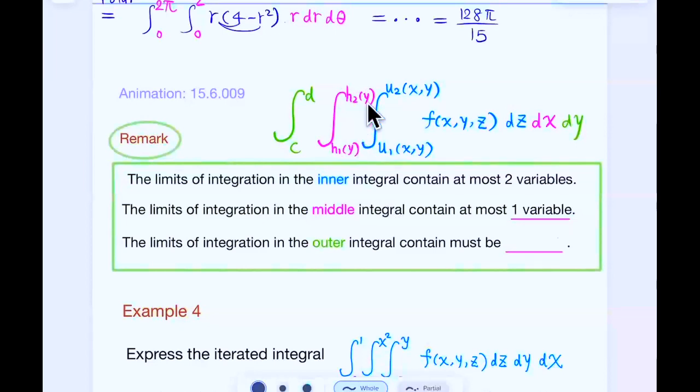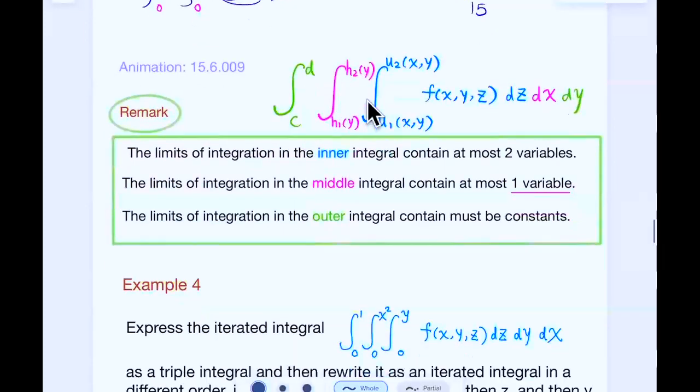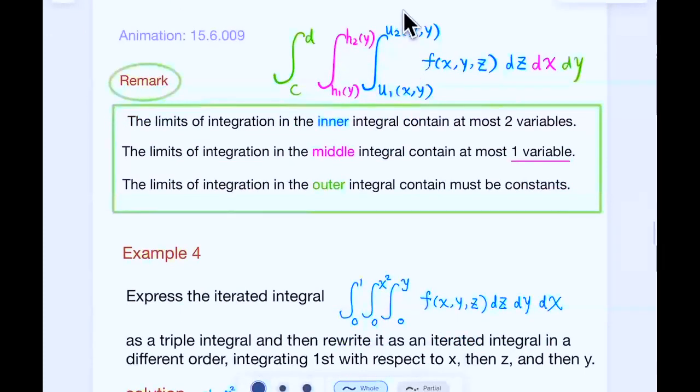The middle integral contains at most one variable, and the limits of integration in the outermost integral contain no variable. It must be what? Constant. Okay, good. You got it. So two variables at most, one variable at most, constant for the outer integral.